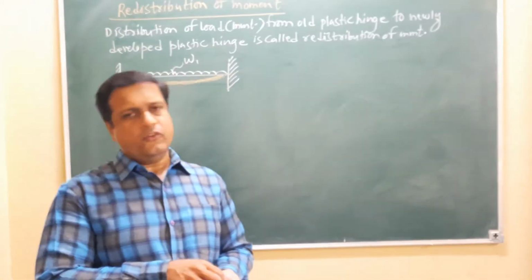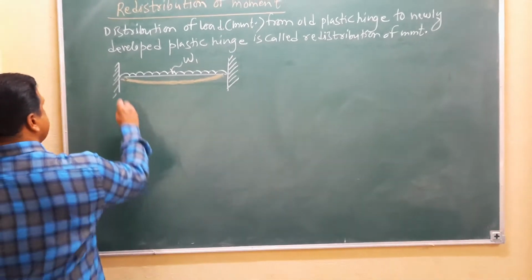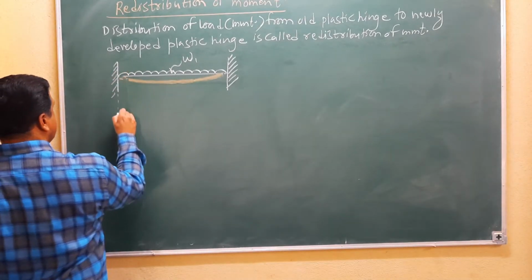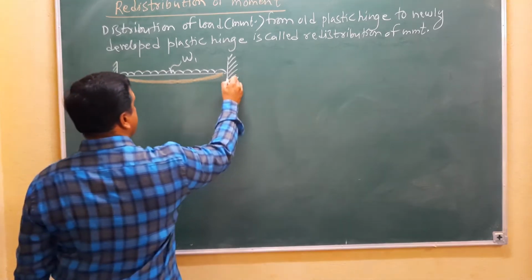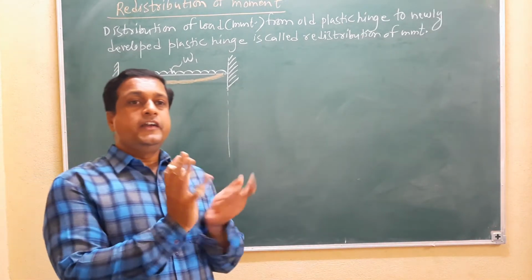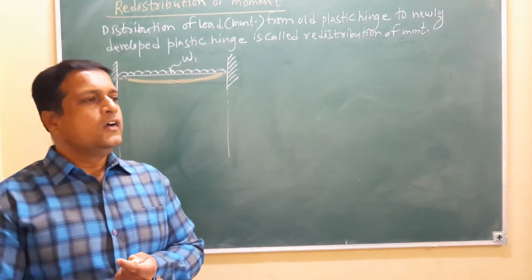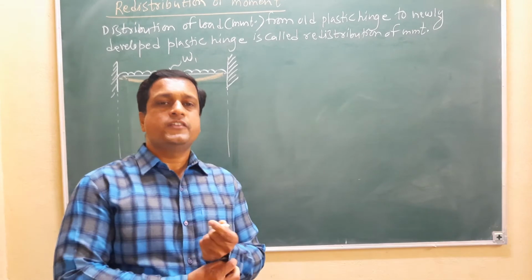Before failure, now what is the bending moment diagram of the fixed beam? I am going to tell you how the redistribution of moment is going on.